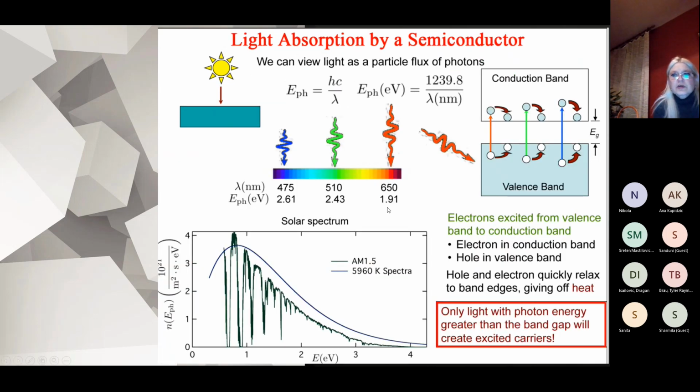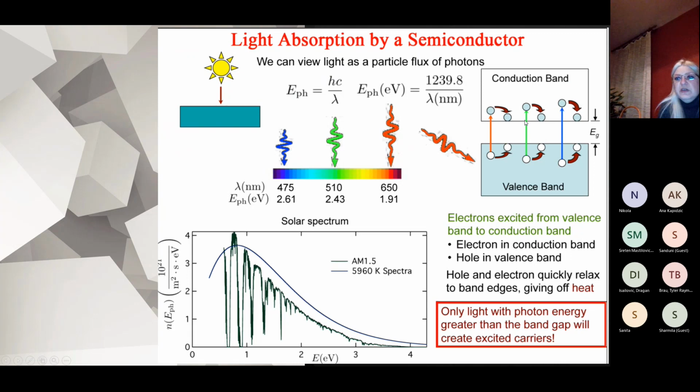So now it's also interesting to look at the light absorption by a semiconductor. And here we have an easy and familiar equation, and we can also view light as a particle flux of photons.